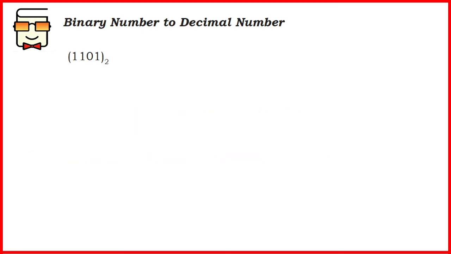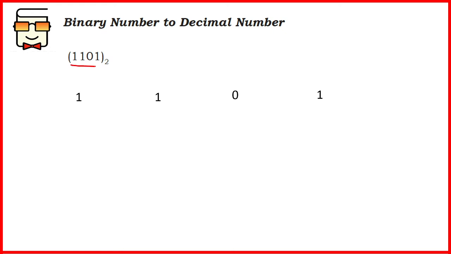Firstly, we are taking up how to convert a binary number into a decimal number. There are 4 steps involved in all these conversions. Firstly, you have to write the digits or the characters that are specified to you in the given number. This is the given binary number.